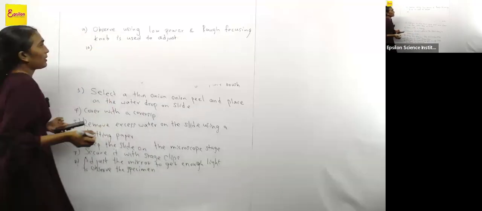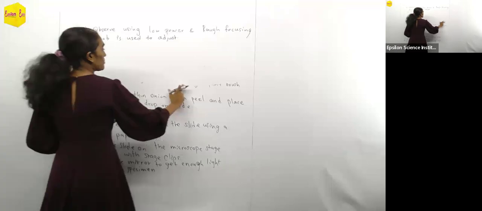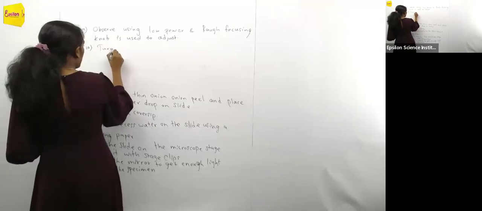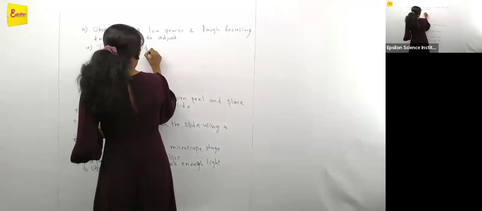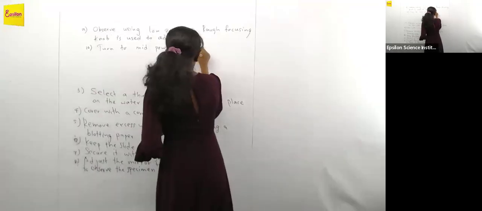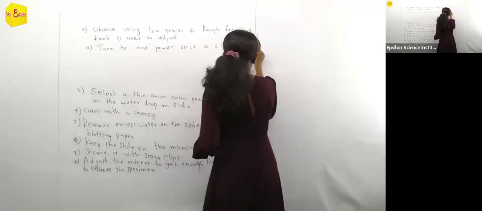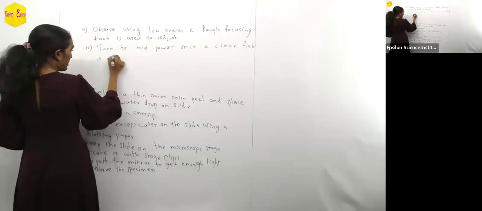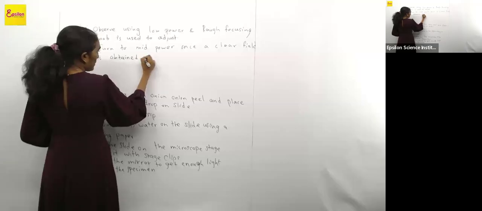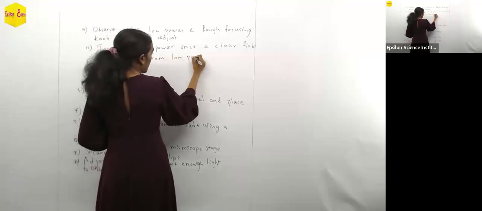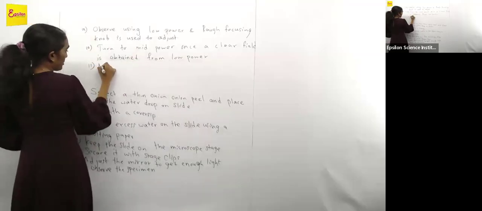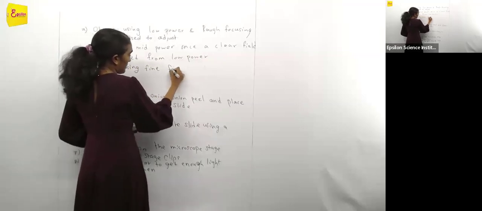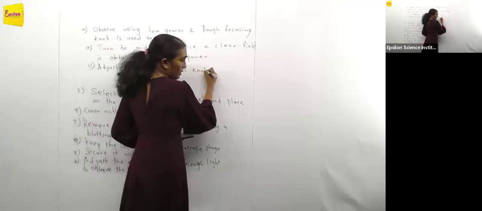Number 10, turn to mid power once a clear field is obtained from low power. 11, adjust using fine focus now. Alright, write down and keep.